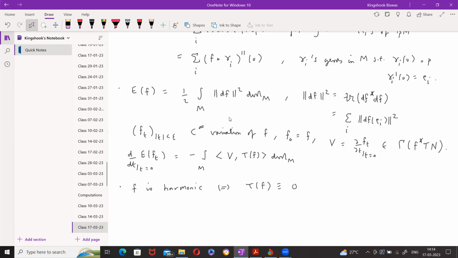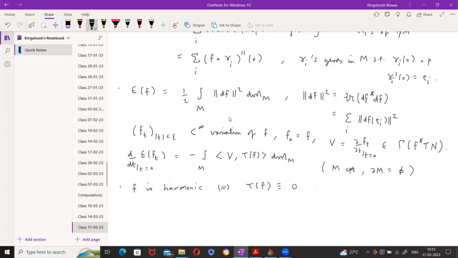Here I'm assuming that M is compact without boundary in order to get this first variation formula, because to get this formula you have to do an integration by parts, and there's a boundary term. That boundary term vanishes if either the boundary of M is empty, or if the boundary is non-empty, then you have to consider proper variations, meaning variations which are constant on the boundary with respect to time t.